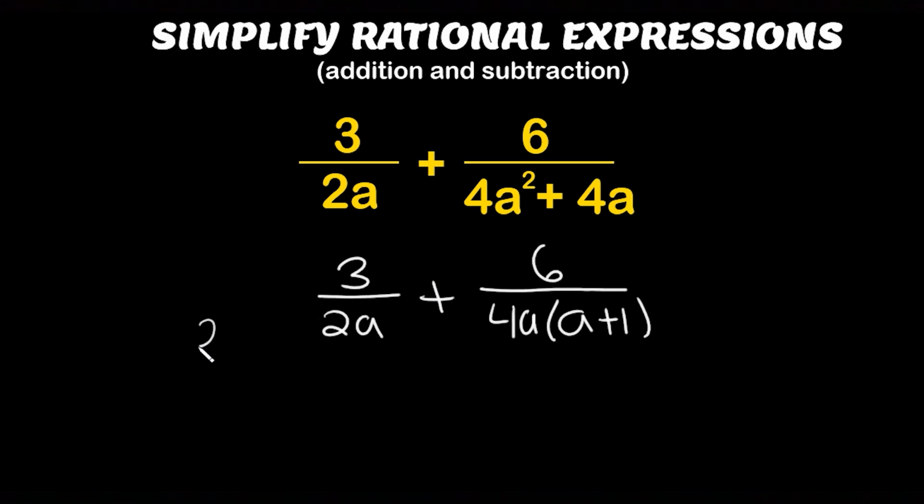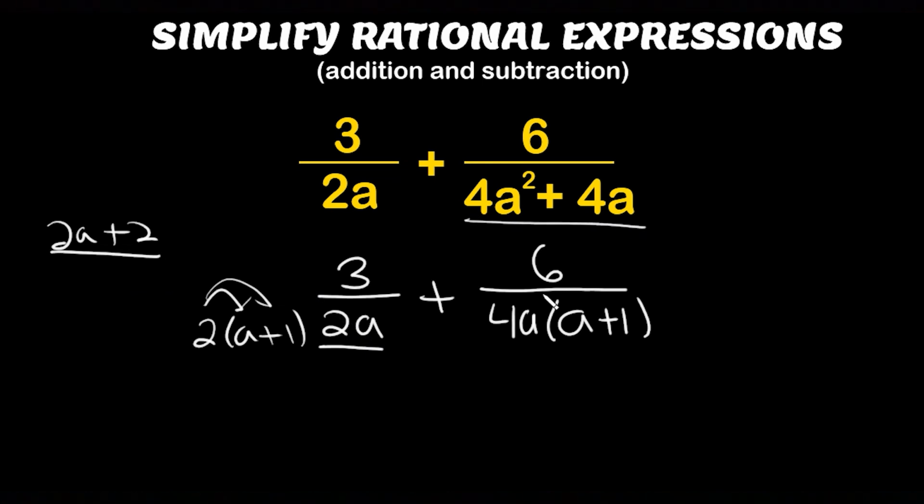I'm going to have 2 and I'm going to multiply by a plus 1. And again, just off to the side here, if you distribute this 2 inside, you get 2a plus 2. And so what you're actually doing here is you're doing 2a plus 2 times this 2a. That will give you the 4a squared plus 4a. Which we have right here, okay? It looks a little bit different because we factored it out down here, okay?